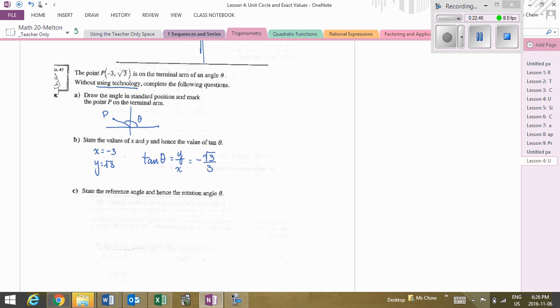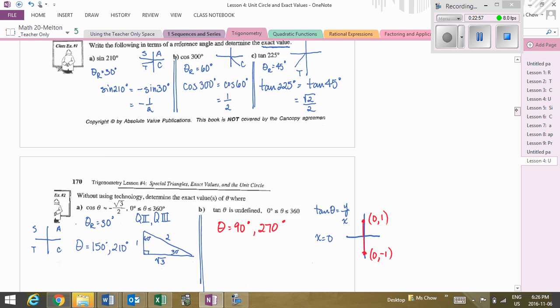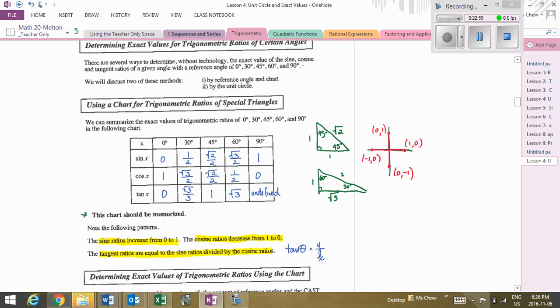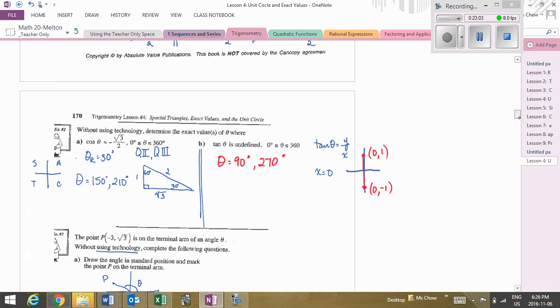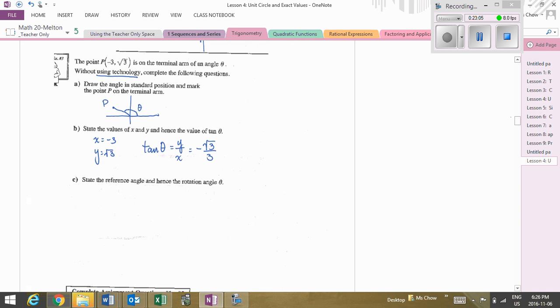Stating the reference angle and hence the rotation angle. Again, if you know your table, then you can quickly look that up. If I go back to the table, I'm looking for root 3 over 3, and we can see here tan of 30 is root 3 over 3. So that tells me that my reference angle is going to be 30 degrees.